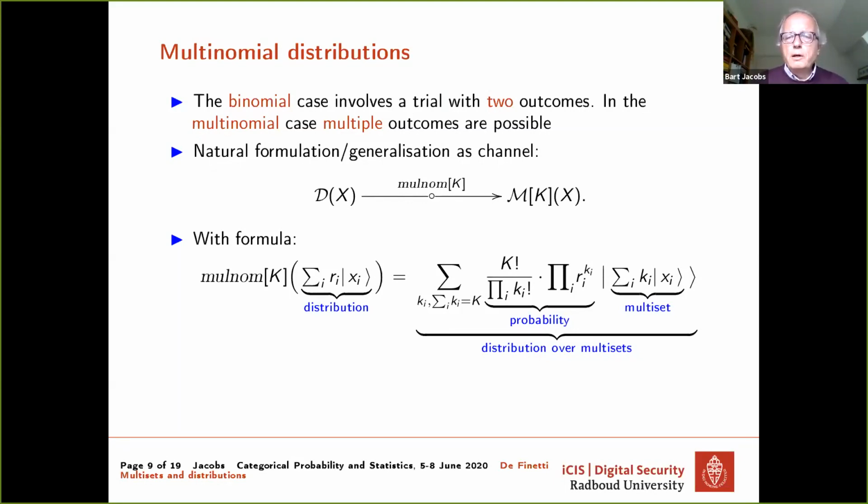So if you have a 6-sided die, then your set X consists of the elements 1 to 6. Those are the possible outcomes. And then the small k_i's are the multiplicities, so k_1 is the number of times you get a 1, k_2 is the number of times you get a 2. And this gives a multiset.